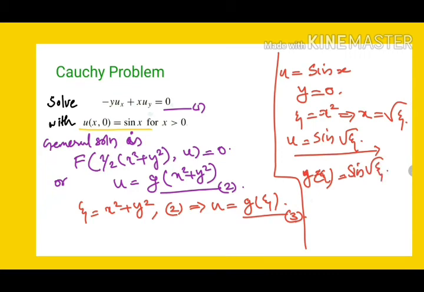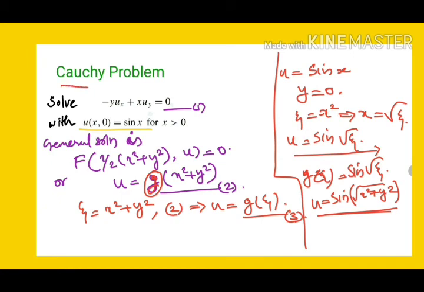So now equation number 2 implies u is equal to g of x square plus y square, that is sin of root theta, where theta is again x square plus y square. We didn't know what the function g was, and we have obtained g as the sine function. Sine of root of x square plus y square. So this is the solution to the corresponding Cauchy problem.